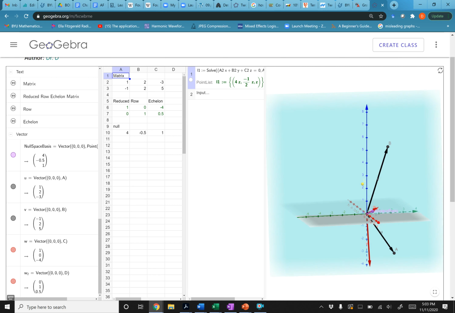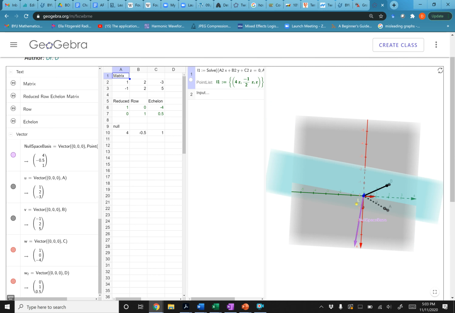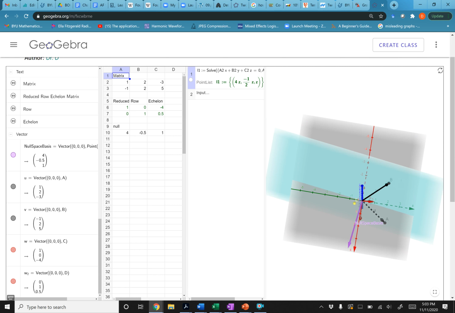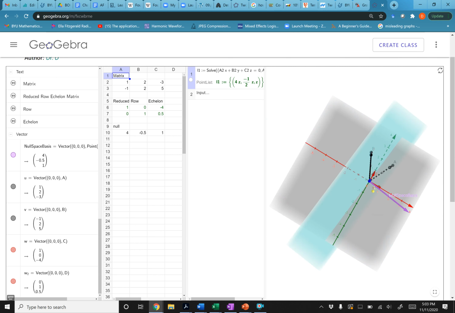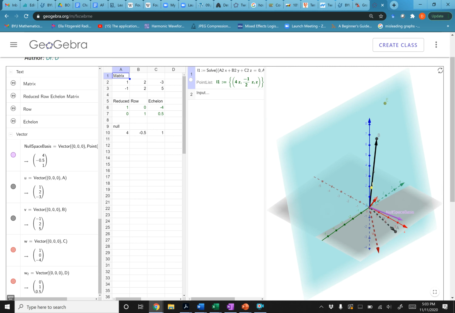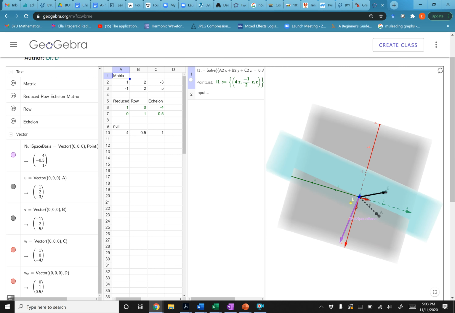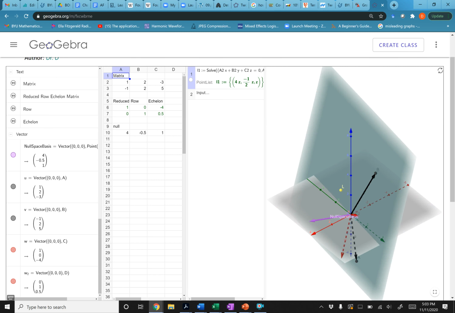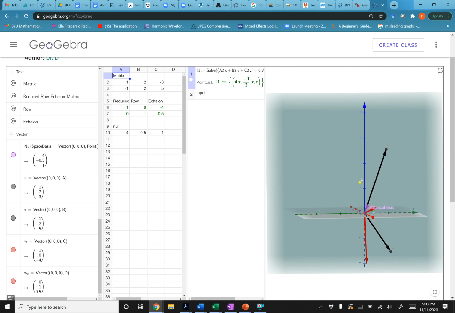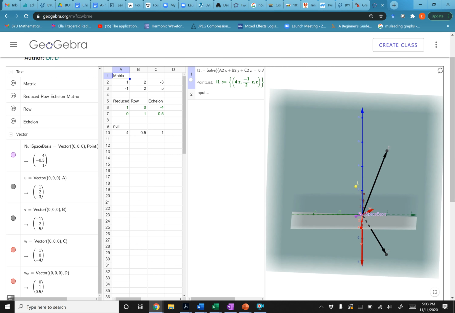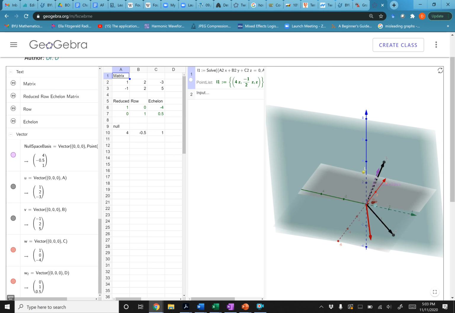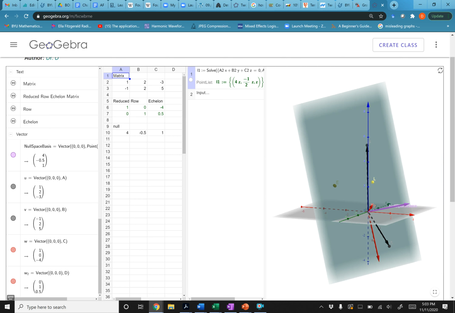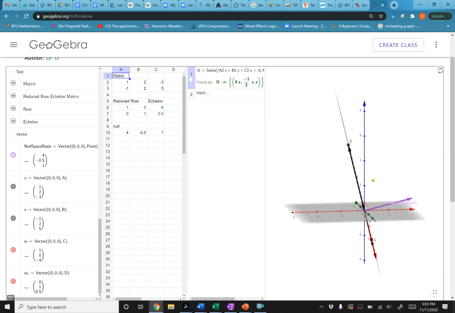We have 4 vectors drawn, and there's always some way for me to turn this so I can see that it's perpendicular. I'm really struggling manipulating this without a mouse. There's always some place I can put it and show that we get 90 degrees, and right there works for all of them.